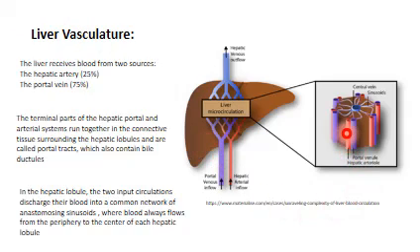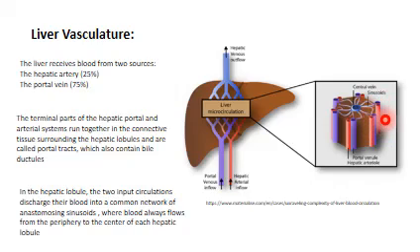As you can see, the terminal branches of the portal veins and the hepatic arteriole run together in the connective tissue surrounding the hepatic lobule, together with a branch from the bile duct.